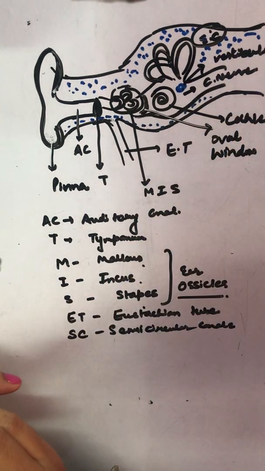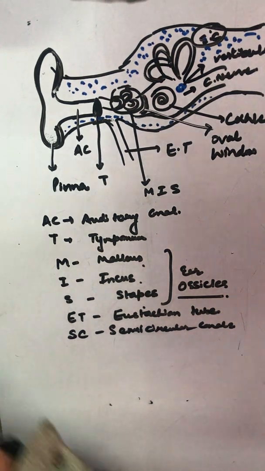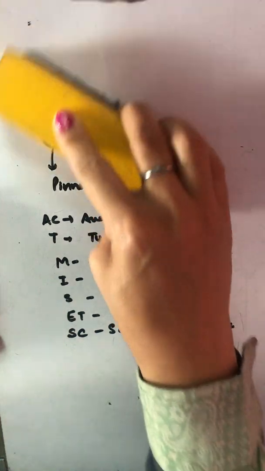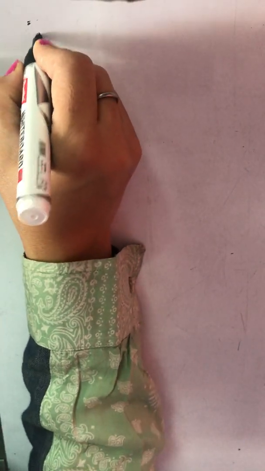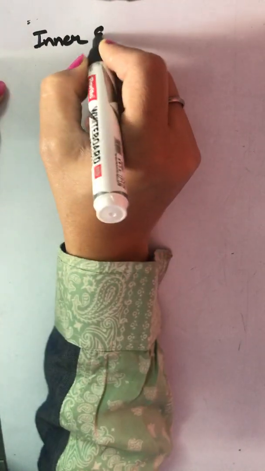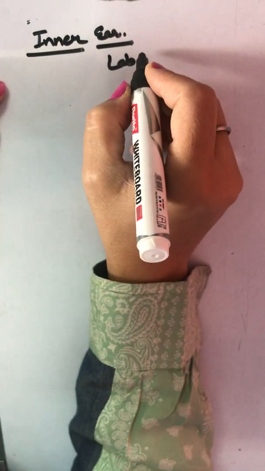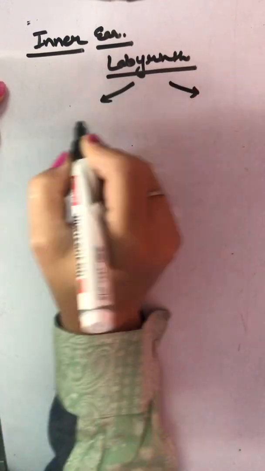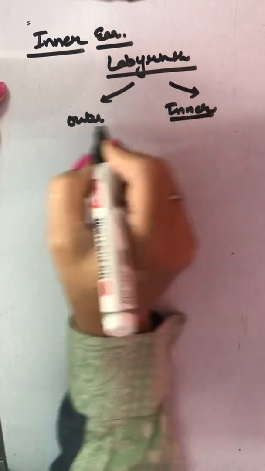Okay, moving to the detailed portion, that is the internal ear. When we are talking about the internal ear, we are talking about its fluid filled part. We say inner ear, it has the labyrinth, which has an outer as well as inner part.